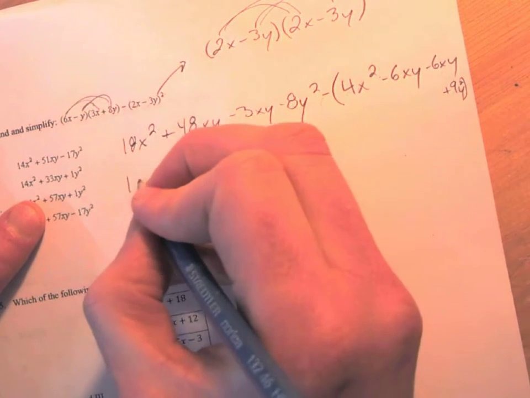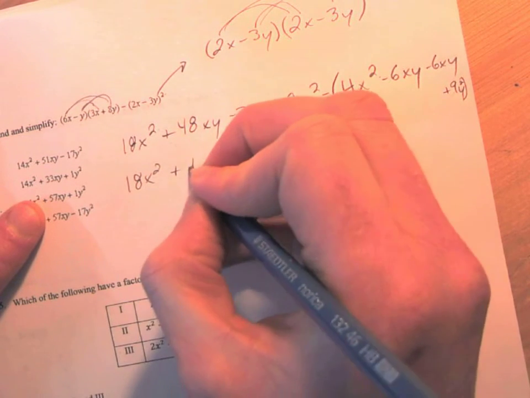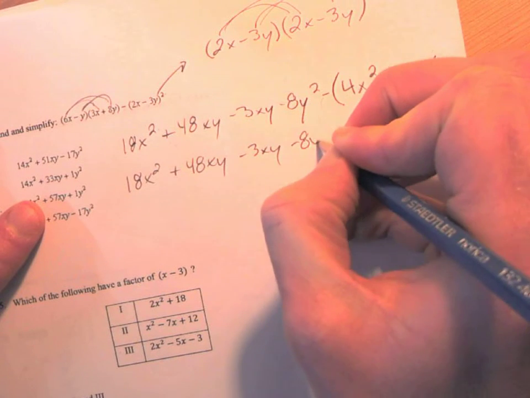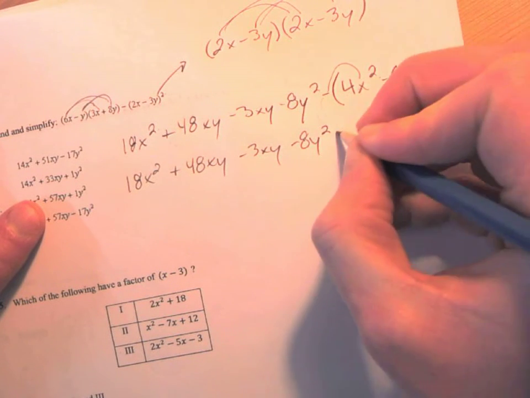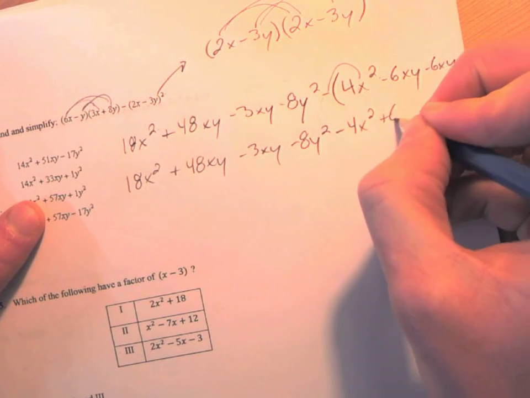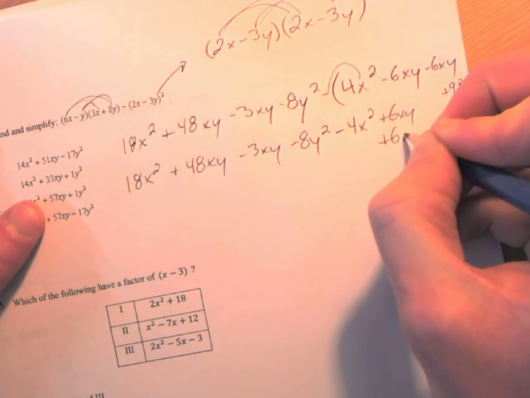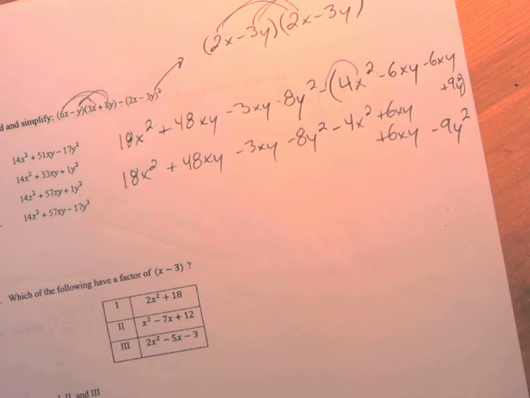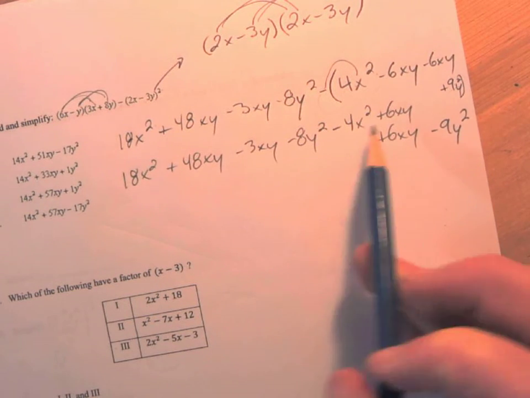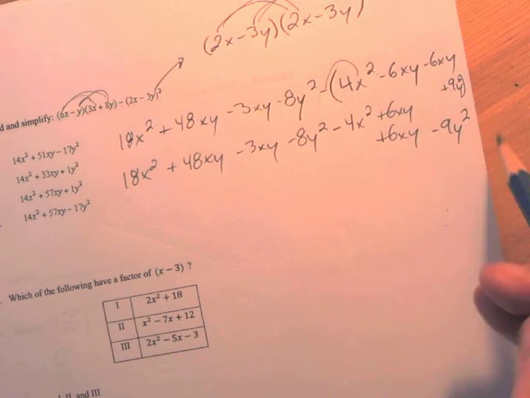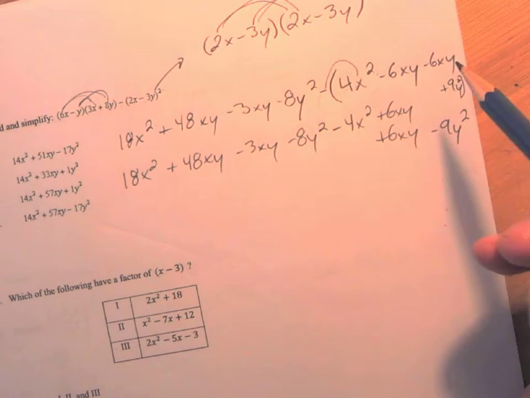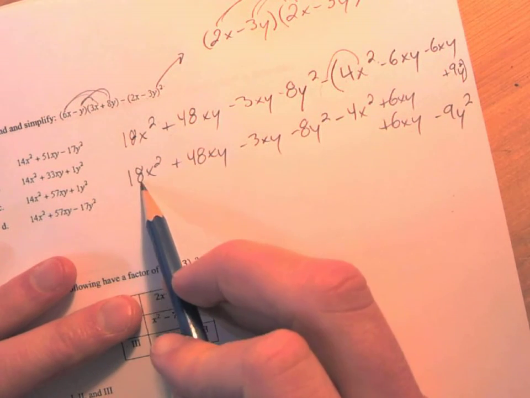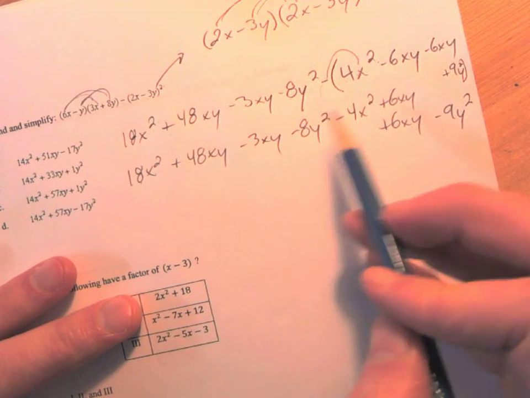So now let's rewrite everything. 18x squared plus 48xy, negative 3xy, negative 8y squared. Bring the negative sign to everything, so negative 4x squared plus 6xy plus 6xy, and then negative 9y squared. Alright, so now there's no more brackets, no more distributing to do. So now we just have to add like terms. We got 18x squared, and we have a negative 4x squared.